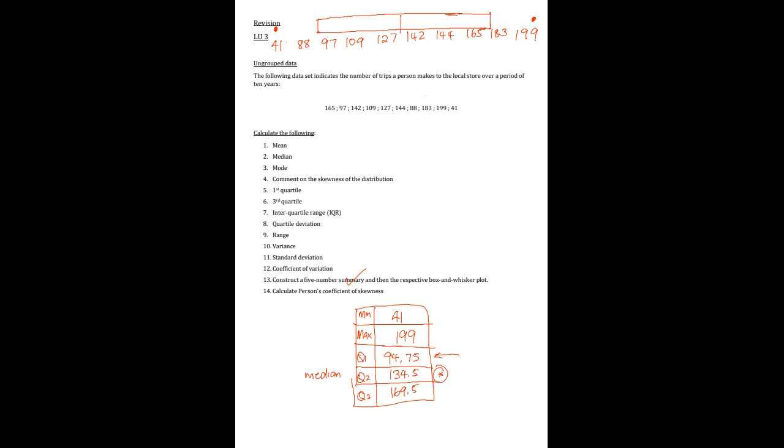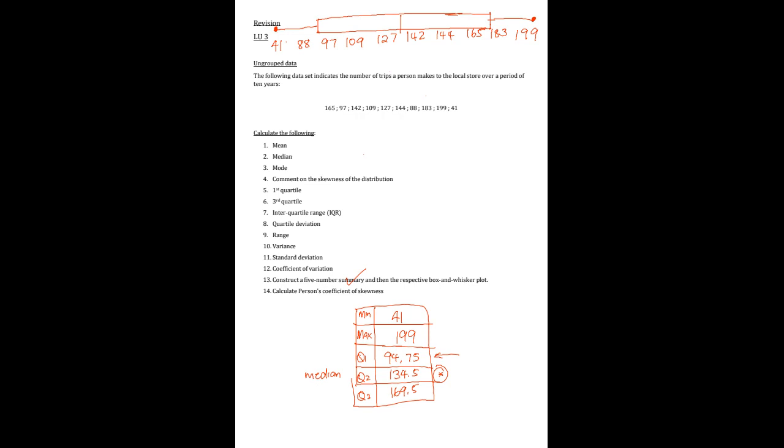You'll join your lines from the minimum to the box on this side, and from the maximum to the box on this side, and that is your 5-number summary together with your box and whisker plot.